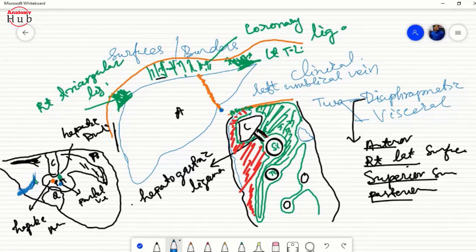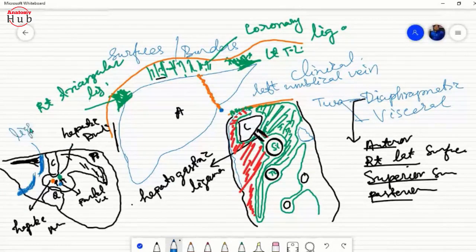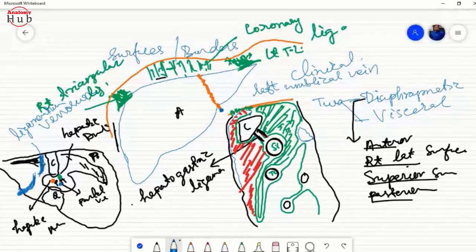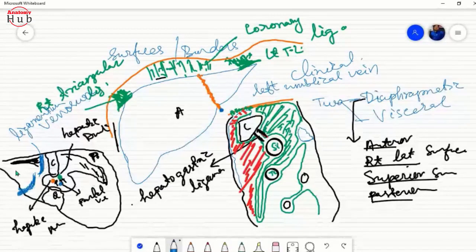And after that, here you will find another ligament, which will be known as your ligamentum venosum. This is your ligamentum venosum, right? So the ligamentum venosum and the teres hepatis ligament are present at the left lobe.